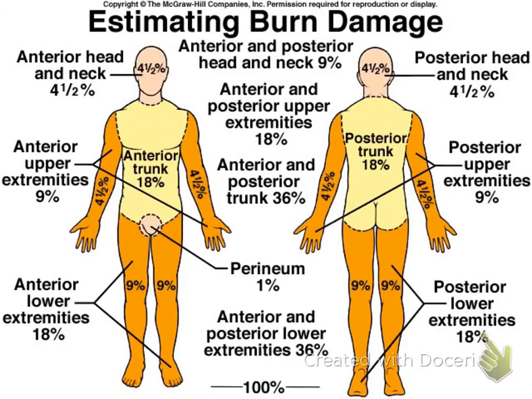So, rule of 9: the body is divided into 11 areas, and each of those areas is given 9%. 9 times 11 is 99%, and then the genital area is 1%.